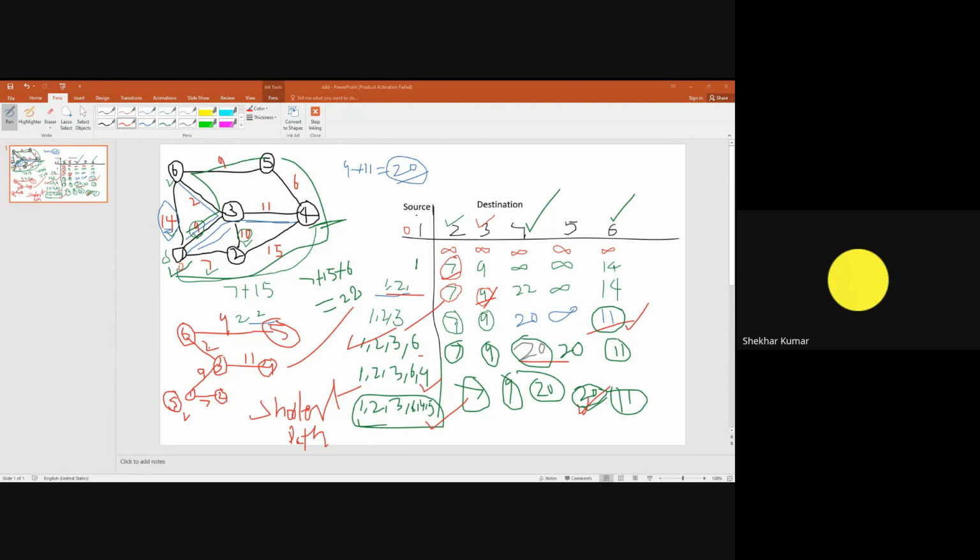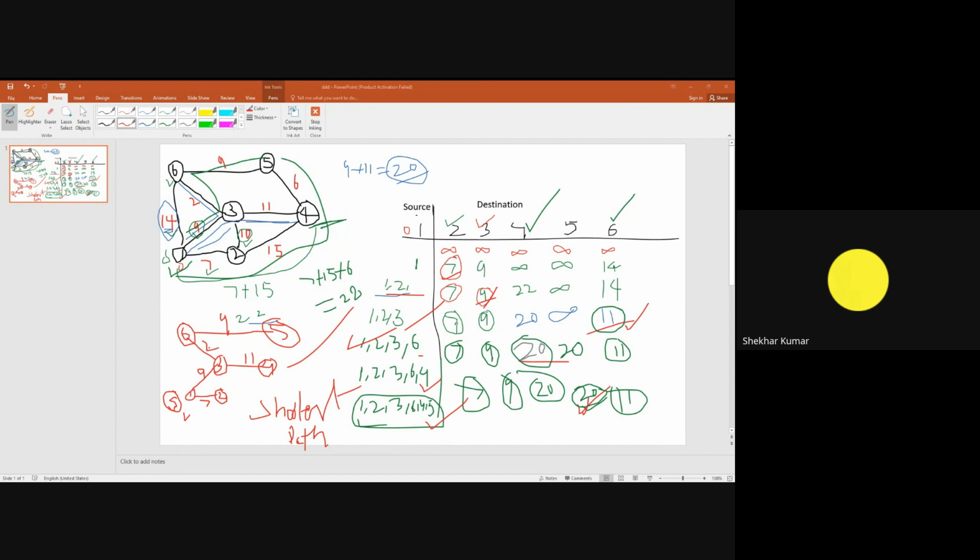In the first two algorithms, Prim's and Kruskal's, you have found the minimum cost because we are finding the minimum spanning tree.